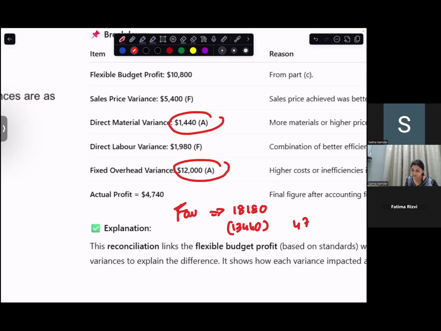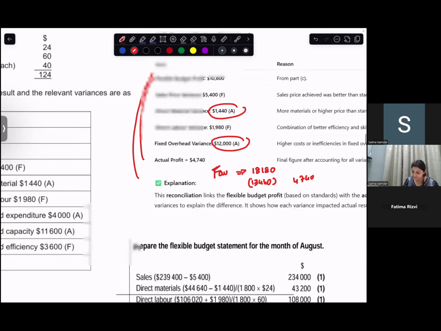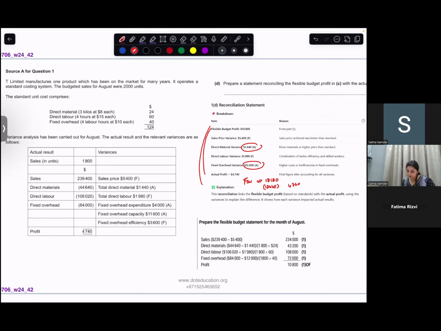So 4,740. The reason why there is a difference between your flexible budget profit and your actual profit is these variances. A reconciliation statement is just a statement that tells us the reasons why there is a difference between the two figures that you are finding out.